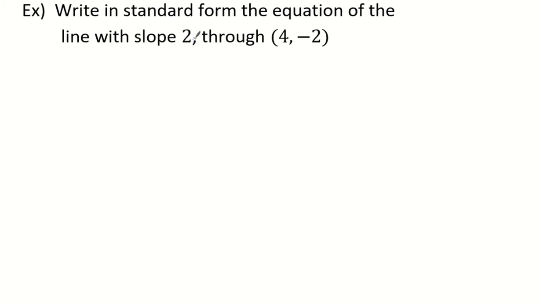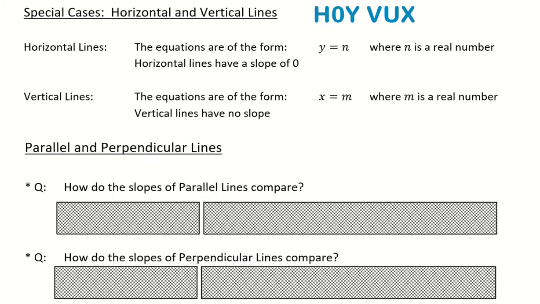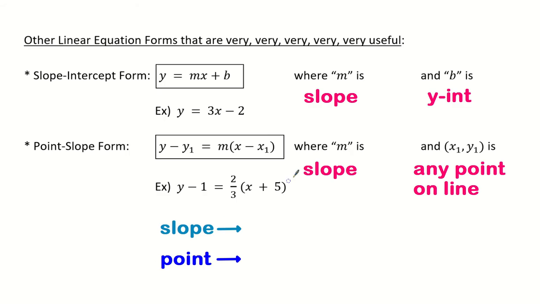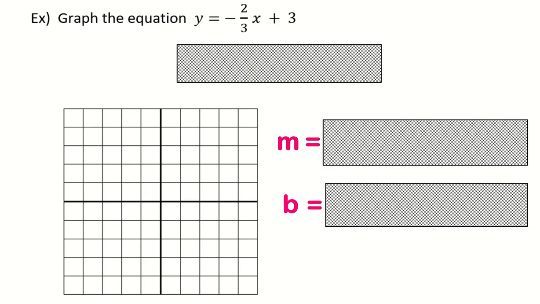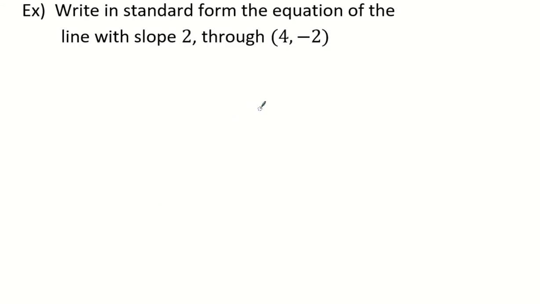You definitely want to finish in standard form, but the method I'm going to show here is by using point slope form, because the ingredients for point slope form I was literally given for free, a point and the slope.